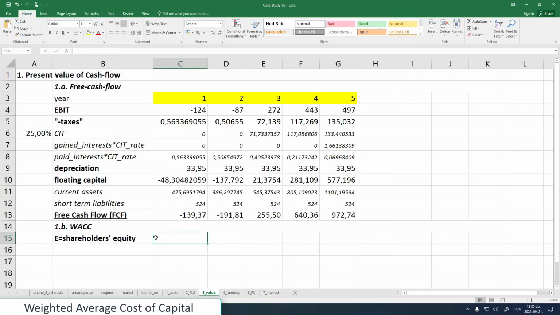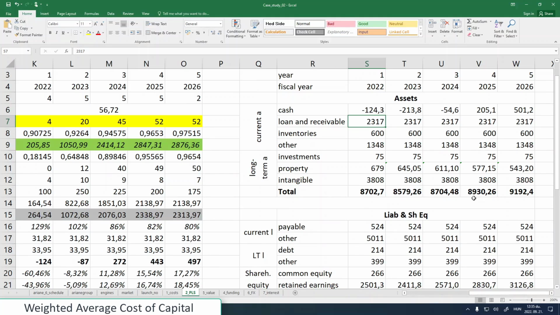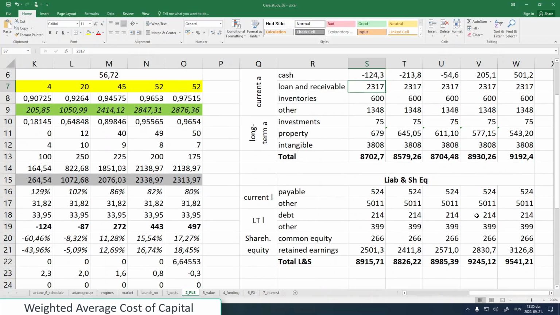In the case of shareholders' equity, we can just check the balance sheet to see what is there. We have common equity, we have retained earnings. It's strange that we have so much retained earnings while the company is absolutely not profitable right now, but maybe in the past they were, just now it's over.